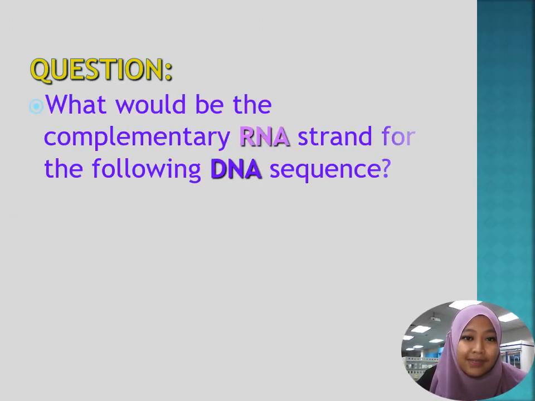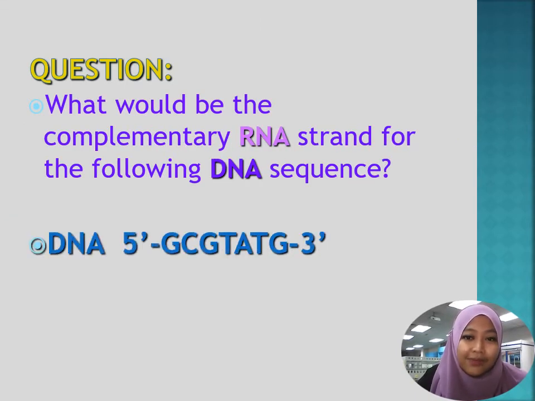Here is an example of how DNA changes into RNA. We have DNA from 5 to 3 prime, for example GC, GT, ATG, the bases. What will be the complementary RNA for this DNA?